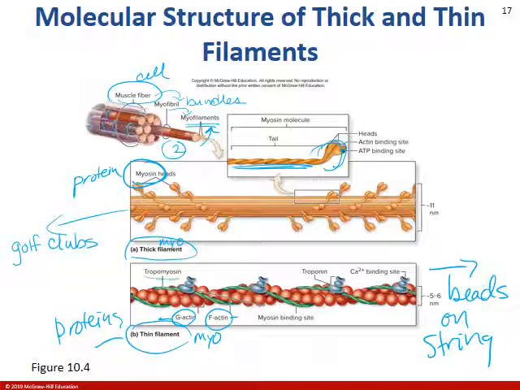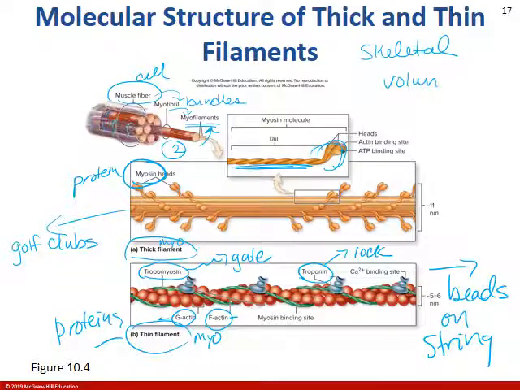And then there are two regulatory proteins, troponin and tropomyosin. People refer to tropomyosin as the gate and troponin as the lock. Tropomyosin stops unwanted contraction. Remember how we said skeletal muscle is voluntary. You only contract a muscle when you want to.